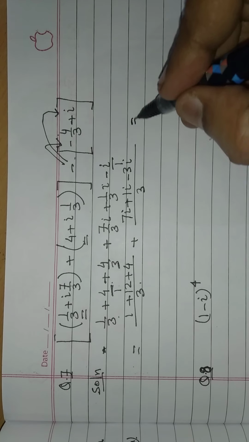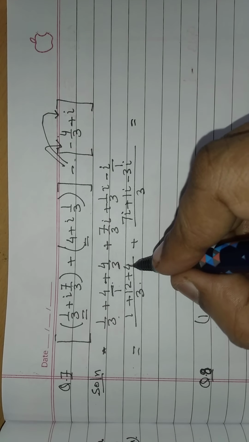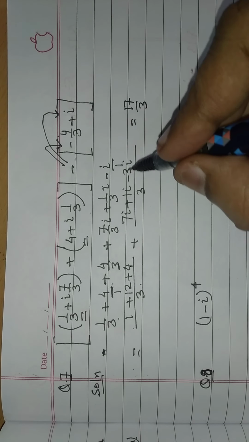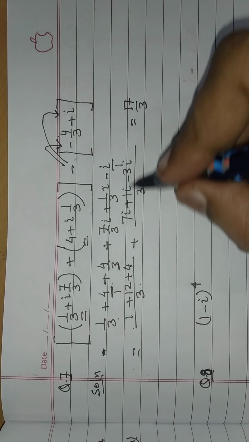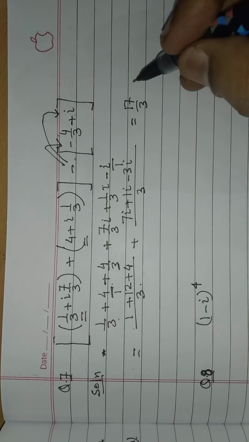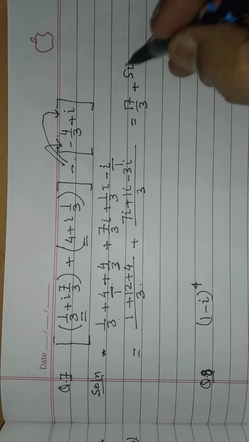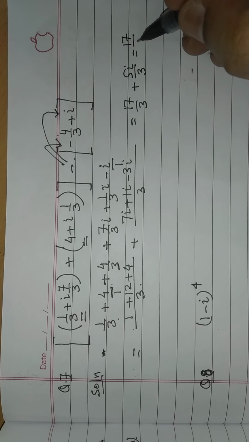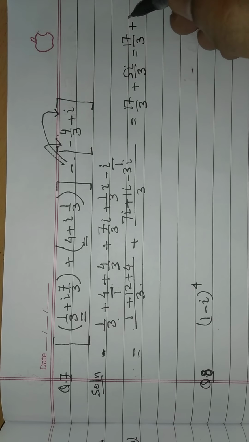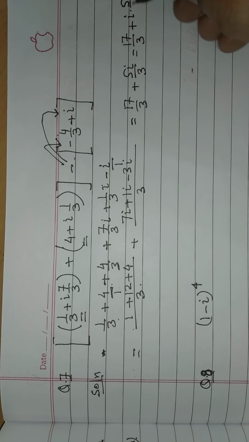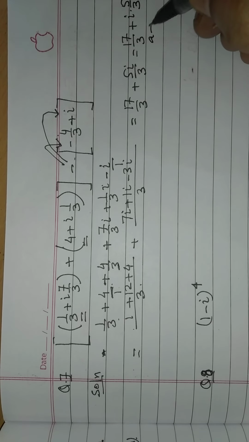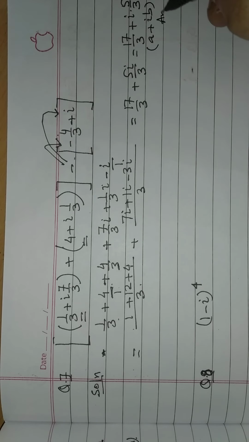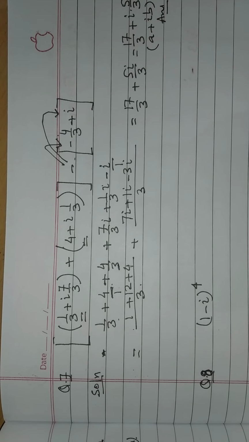So it becomes 12 plus 4 is 16, plus 1 is 17 by 3, and here if you subtract 8i minus 3i, it is 5i, so plus 5i divided by 3. So here you can write 17 by 3 plus iota into 5 by 3. So this is in the form of a plus ib. So this is the answer.